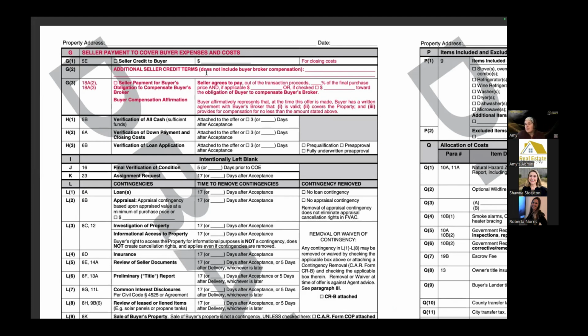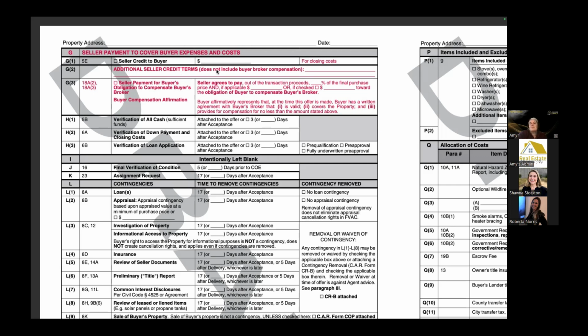So in the past, we've talked about the fact that you could negotiate the commission either straight up commission on that SPBB form, or we can negotiate it as a credit to the buyer from the seller. And we don't have to disclose what that's for. It's just buyer's closing costs. Well, so we still have that line G1, seller credit to buyer for closing costs, and then additional seller credit terms.